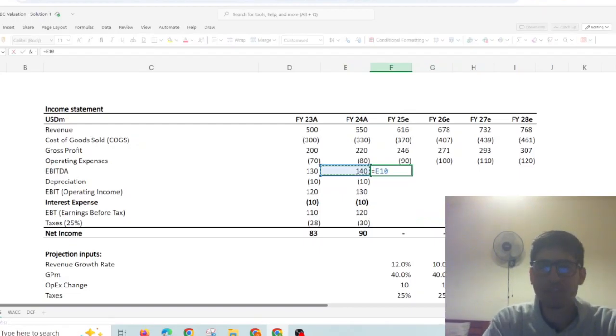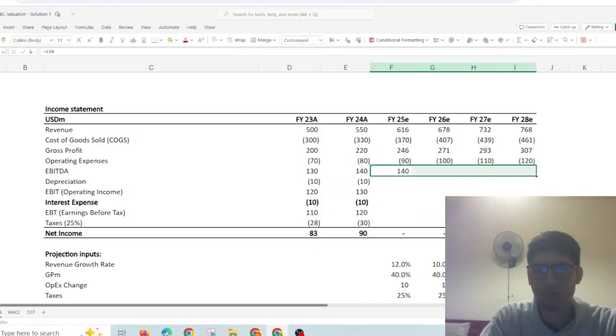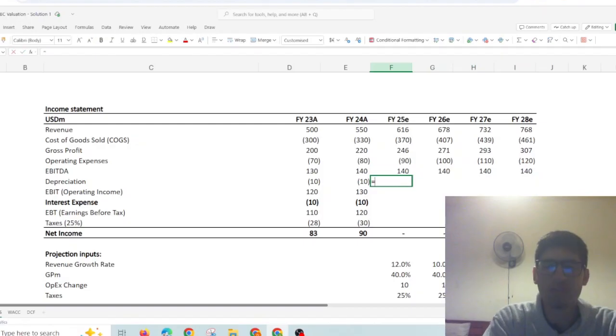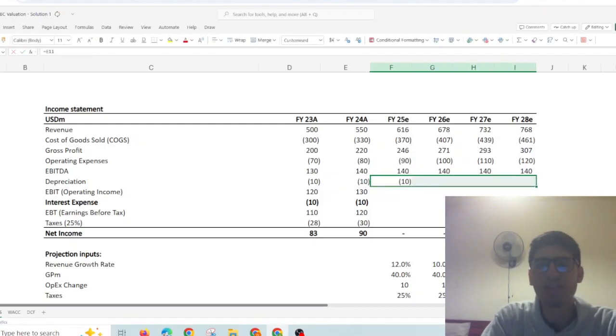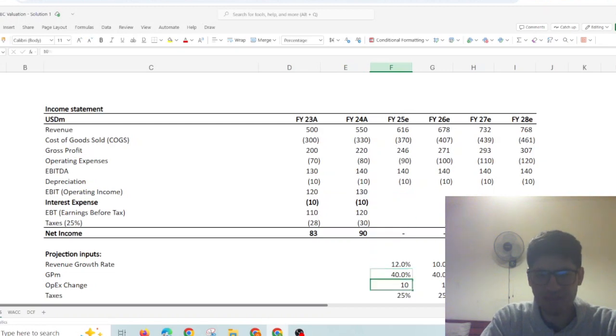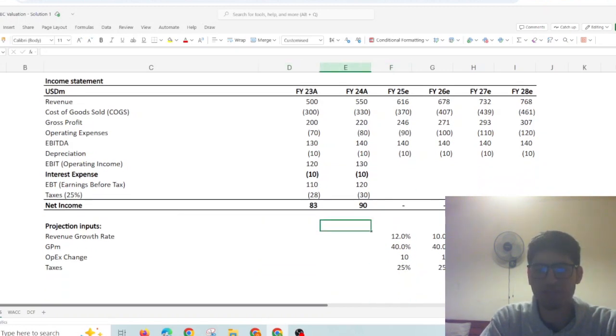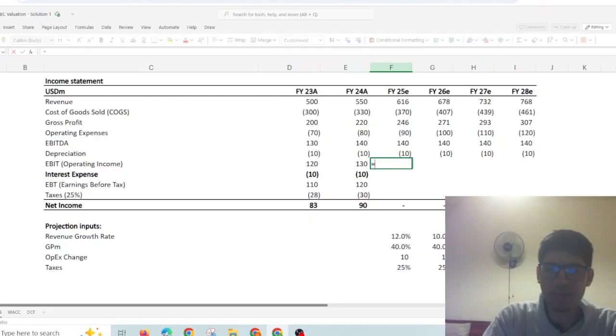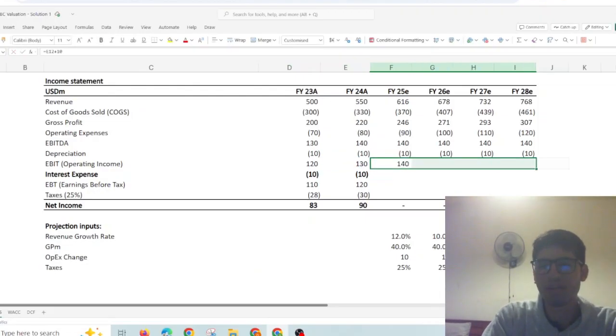The EBITDA, we will have an assumption which is it will stay constant. It's just an assumption, guys. The depreciation also, it's an assumption that it will remain constant. I might tell you that the depreciation will increase by 1% every year, or will increase by $1 million every year. It doesn't matter, it's assumptions. So the EBIT, let me see, okay, these are the projection inputs. The EBIT, operating income, will increase by $10 million every year.